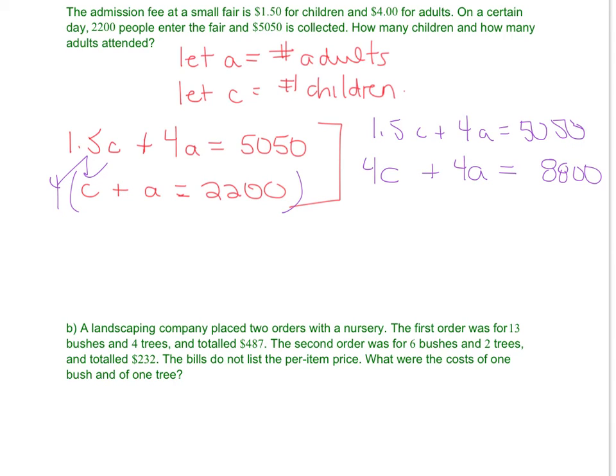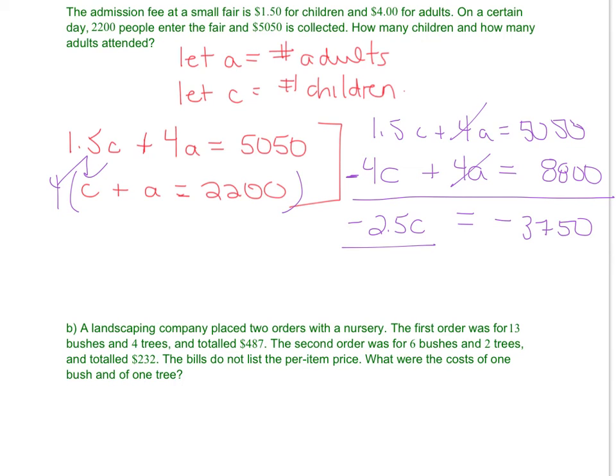I want to get rid of those positives. If I have positive 4A and positive 4A, I have to subtract to make it 0. So 1.5 minus 4 gives me an answer of negative 2.5C. 4 minus 4 is 0. And 5,050 minus 8,800 gives me negative 3,750.